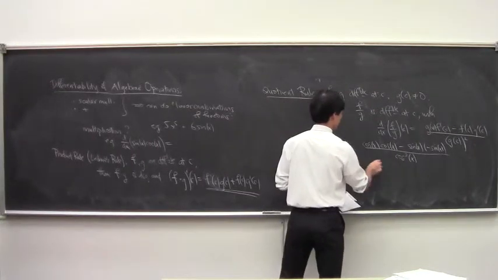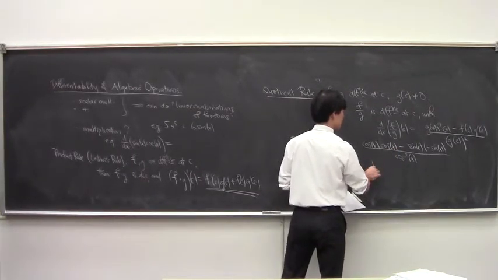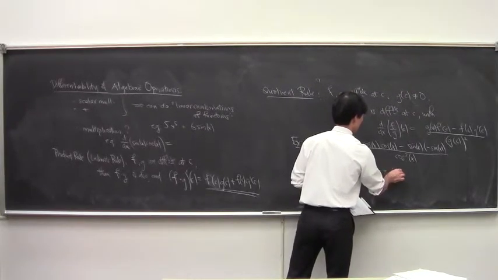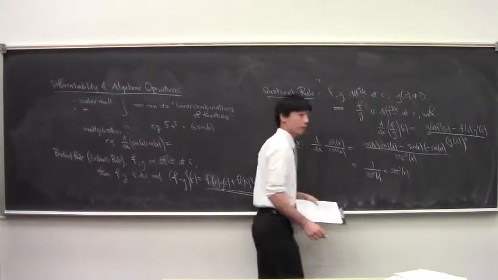Right? And so that ends up being 1. You get cosine squared plus sine squared on the top, 1 over cosine squared, in other words, aka secant squared.